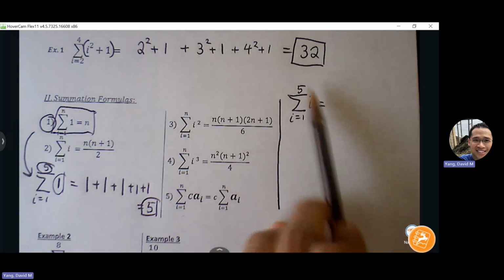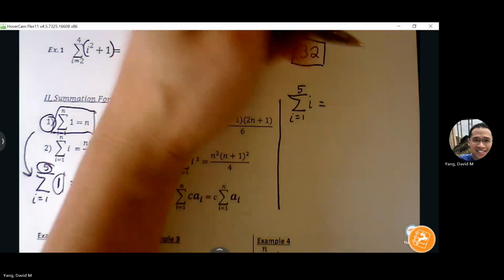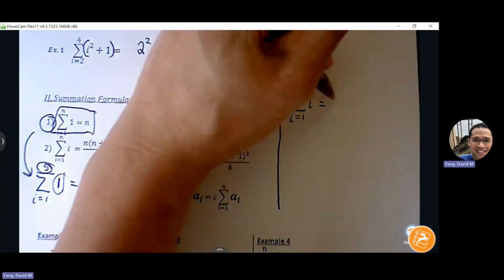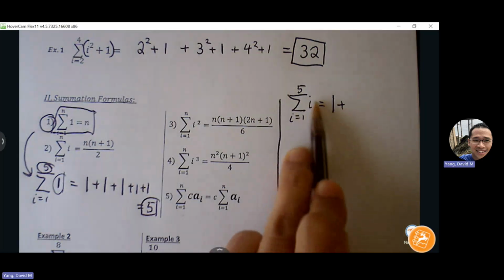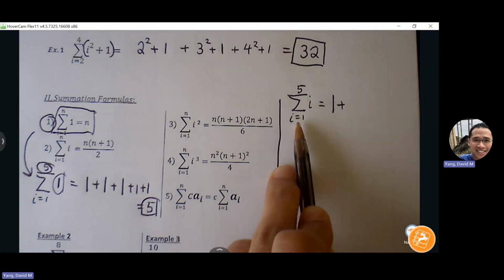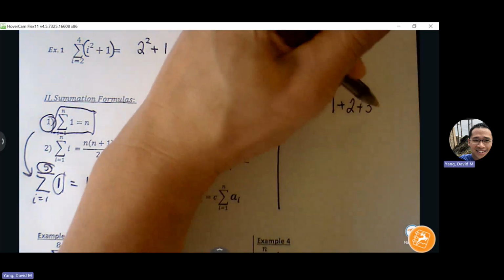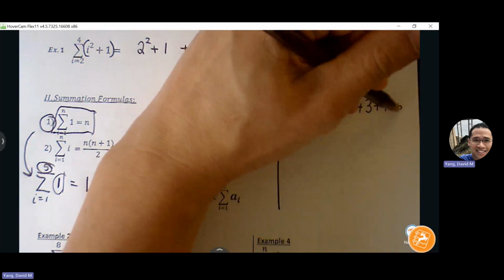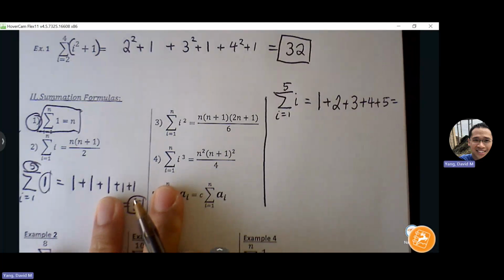So if I were to go through this process here, what's the first term I get? 1 plus, what's my second term? 2, right? This is now changing, because it's not just a 1, it's going to change with whatever this lower bound is. So plus the next one, and I keep going until 5. If I add those values together, what do we get? 15.